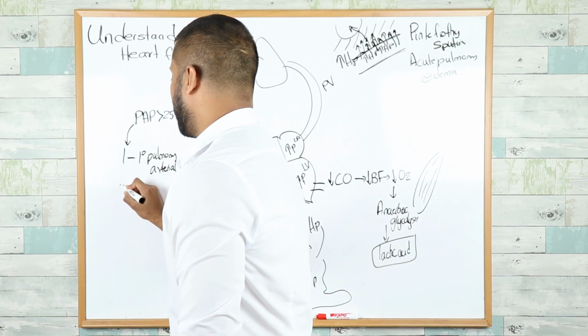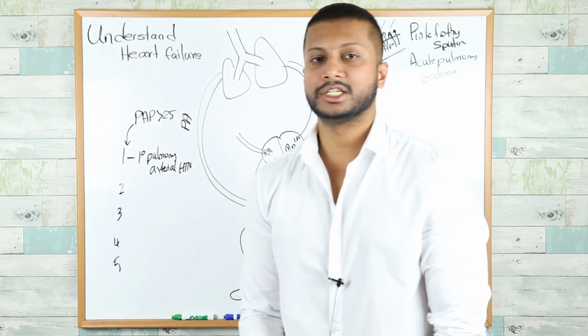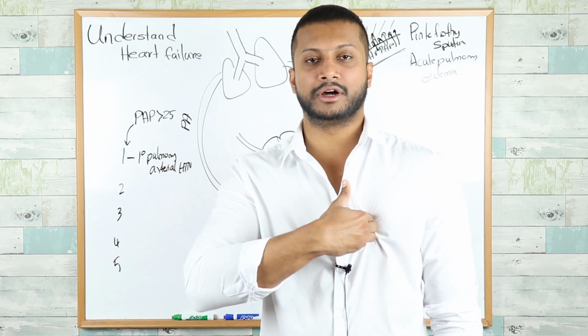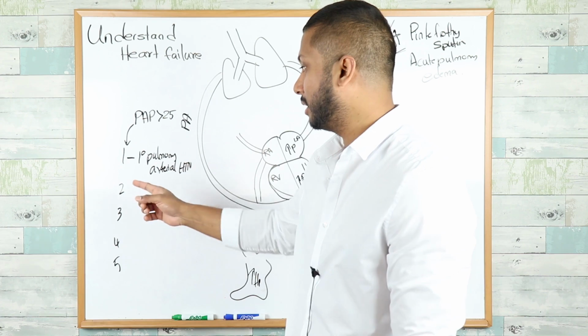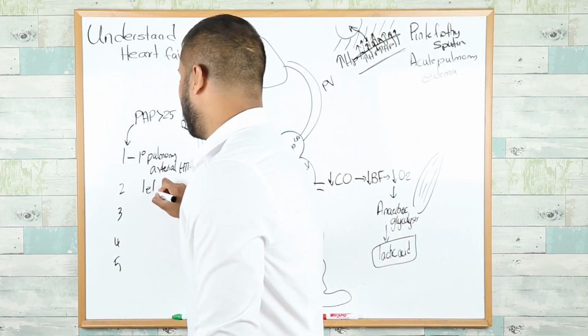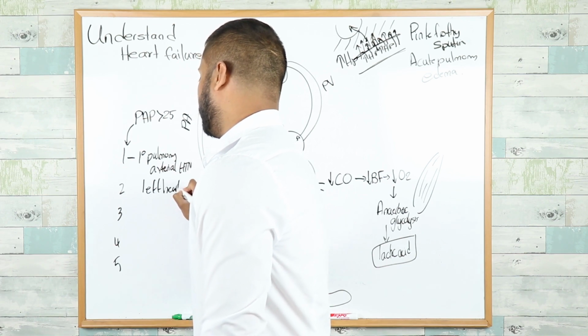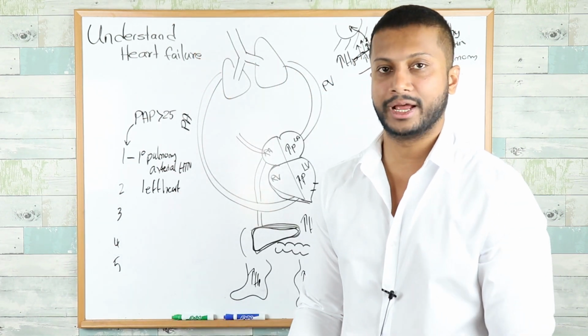Now you have classes 2, 3, 4 and 5. Class 2 is due to your left heart. For whatever reason your left heart has failed, you will end up getting class 2 pulmonary hypertension. So class 2 is for left-sided heart failure. If you have left heart failure, you will have class 2 pulmonary hypertension.